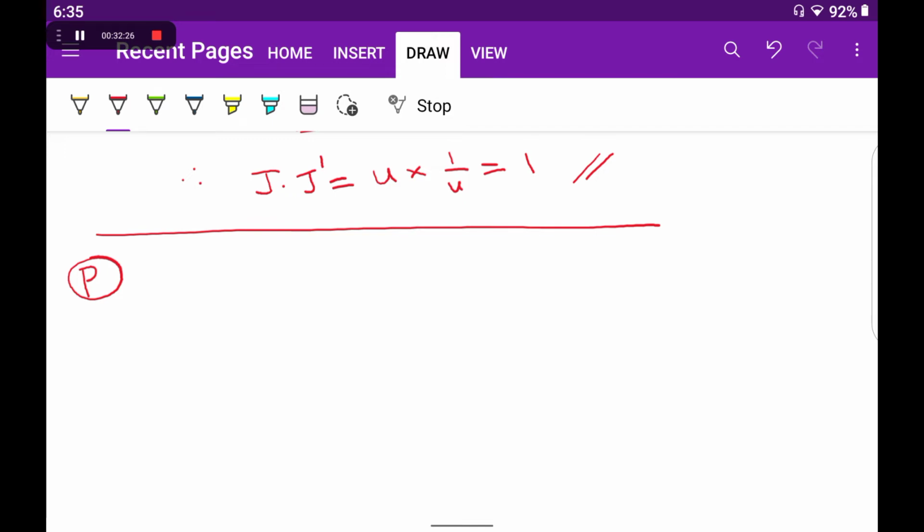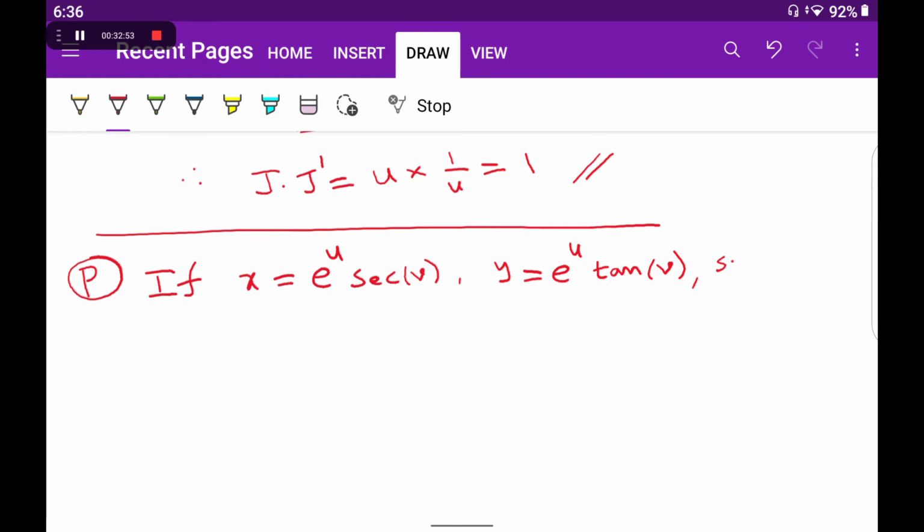Now the coming problem is somewhat more important than the previous. If x equal to e power u into secant v, y equal to e power u into tan v, then show that J J dash equal to 1.